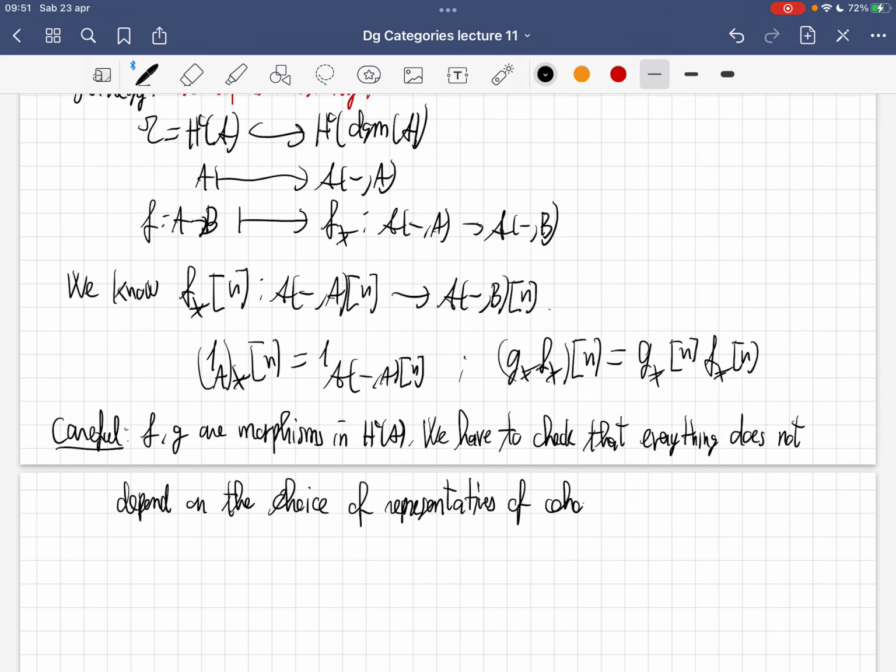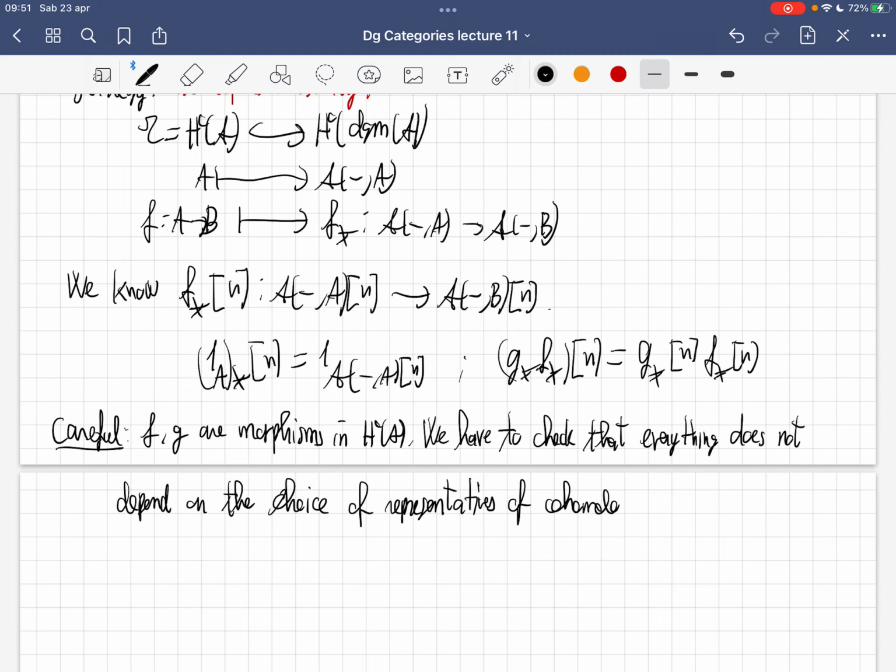Of cohomology classes, so that indeed the shift is still well defined at this level. When I change the cohomology class, I can change just the cohomology class of F, and it's going to work.